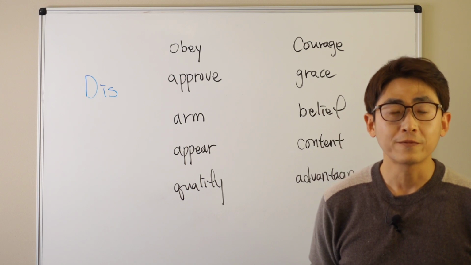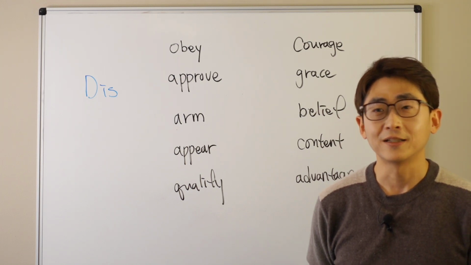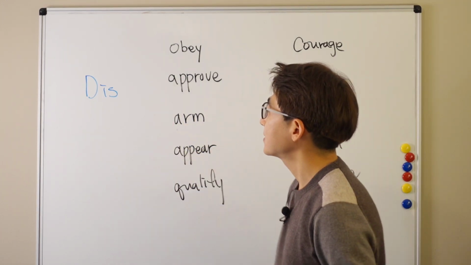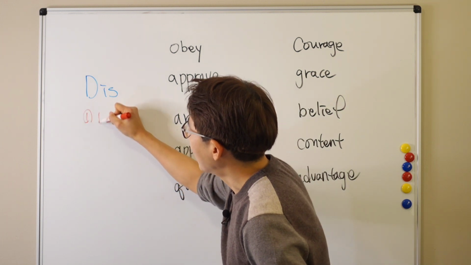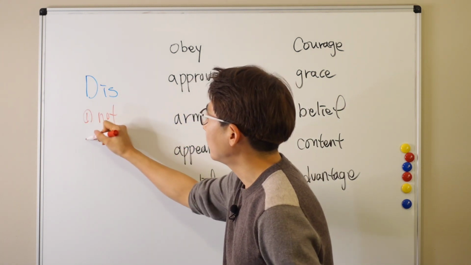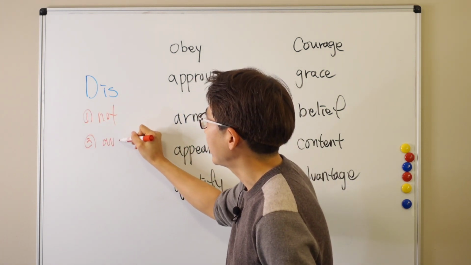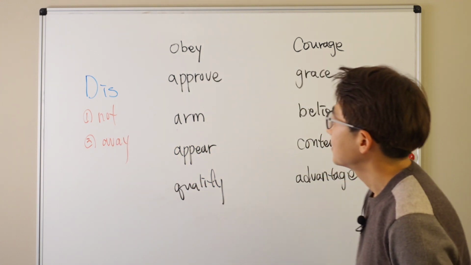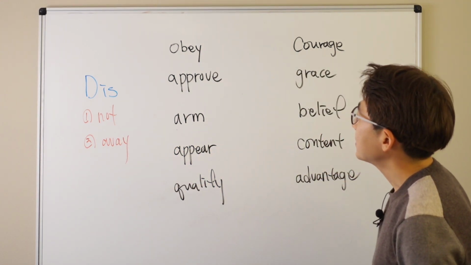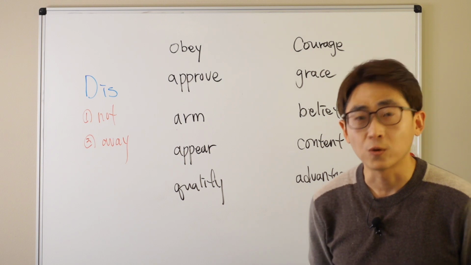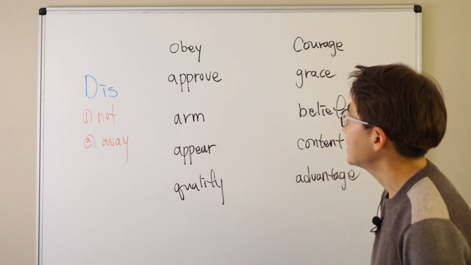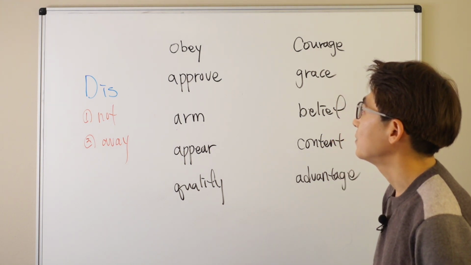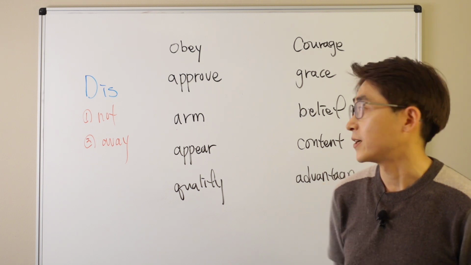Okay, let's do a quick review of today's prefix dis, and it meant not, opposite of, or it meant away. And the first example was obey, to follow orders, and by adding this it became disobey, which meant not following orders.